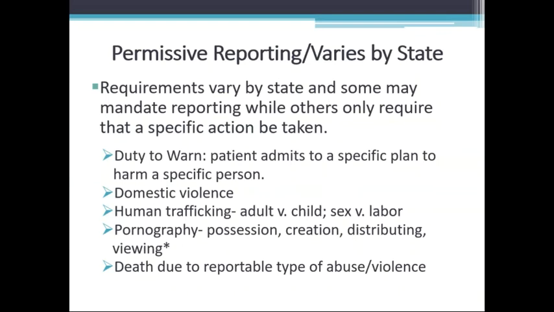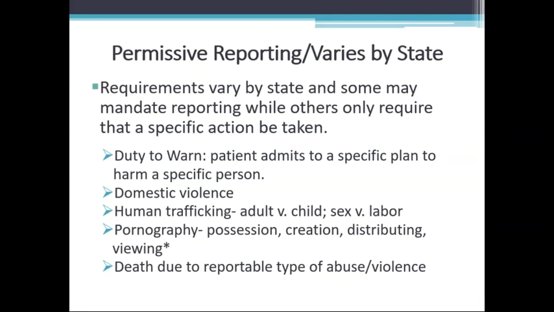So again, what we just talked about was mandatory reporting: child abuse and neglect, and then elder or vulnerable adult. And now looking at permissive reporting, this is where it varies a lot more by state. The requirements vary, and some may be mandated reporting, but others only require that a specific action be taken, like I mentioned a few minutes ago, of something like providing resources and education to the patient.